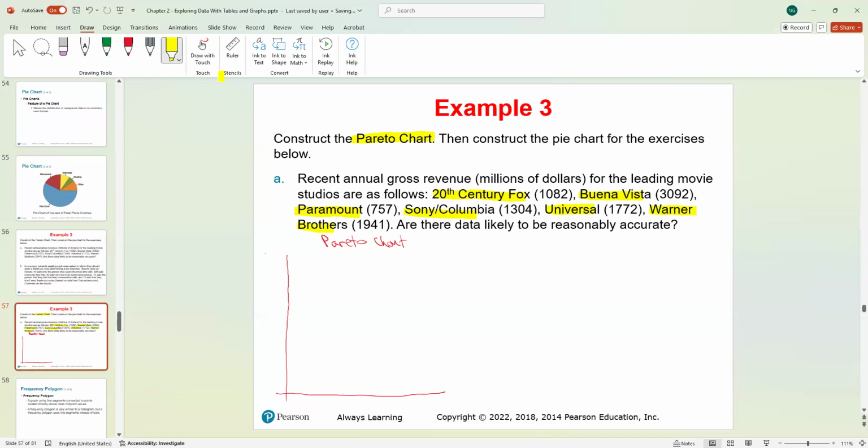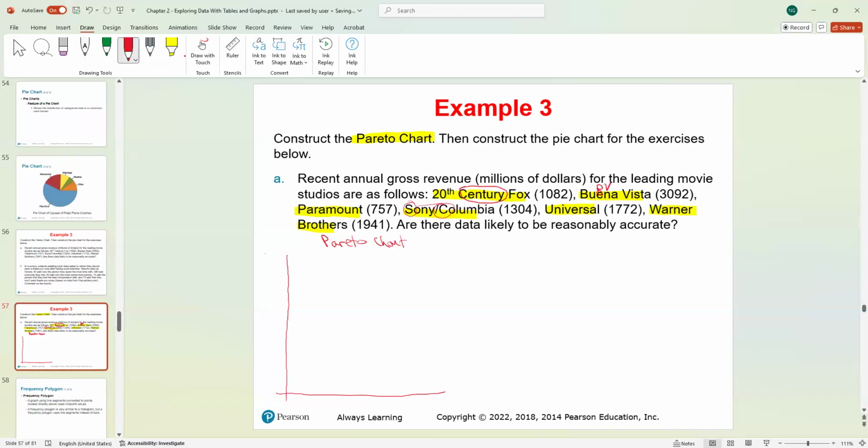Are they likely to be reasonably accurate? So what I'm going to do here is put a letter for each of them. What if I put this one as Century? Would that be fine? And I would say BV for this one to make it much easier to use. Okay, Paramount, I think I can put SC, right? For this one, Universal, Warner Bros., WP.